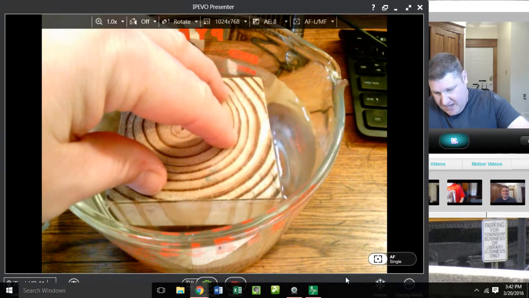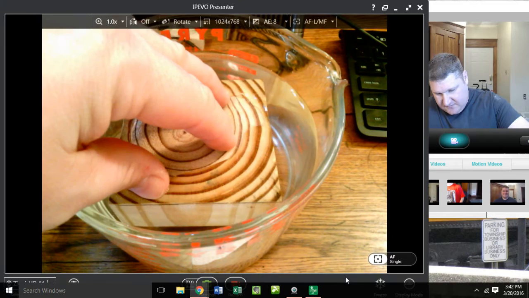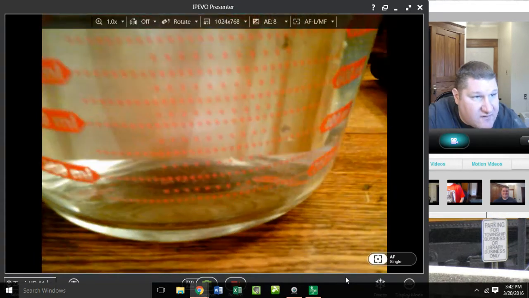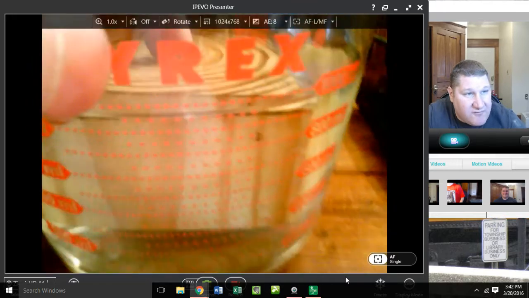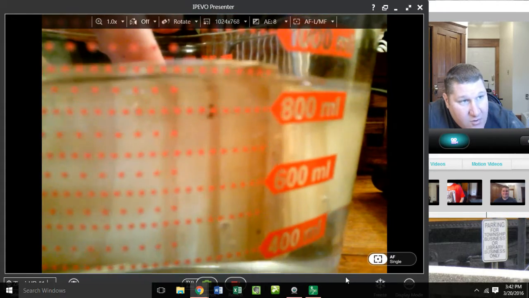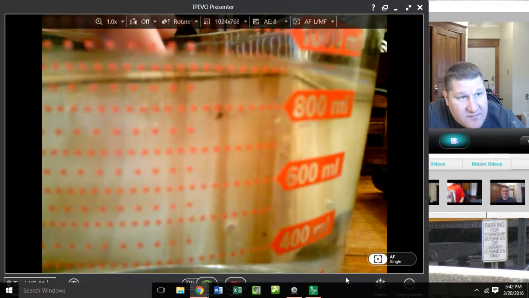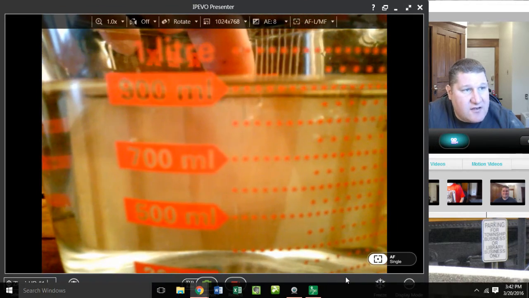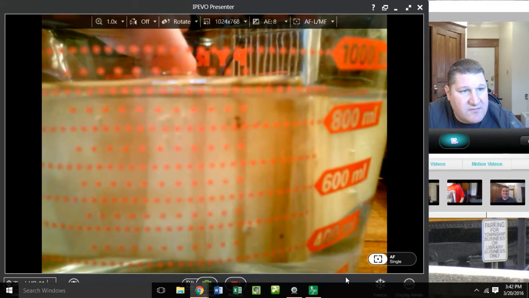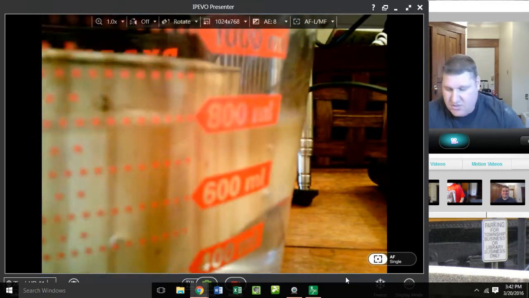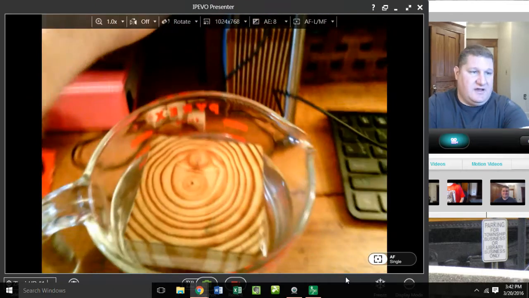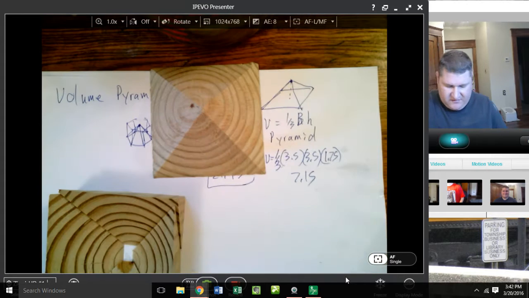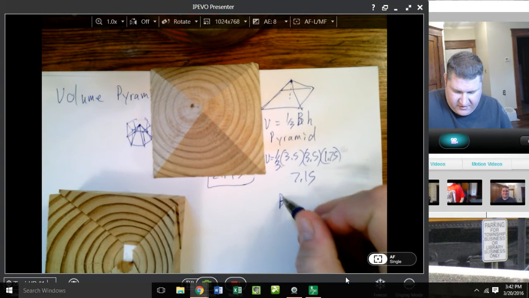The nice thing about the block is it should be fairly easy to do. So in this case, I have submerged the block. It doesn't matter how deep I go, I just don't want my finger to take up more displacement than is necessary. So at this point, I clearly have 900 milliliters. The difference between 600 and 900 would be the volume of the prism. So I have prism.